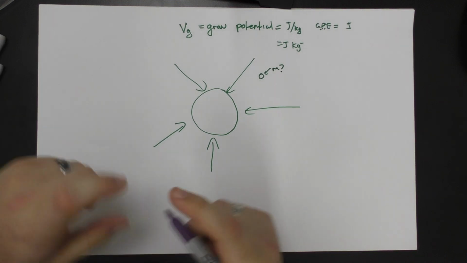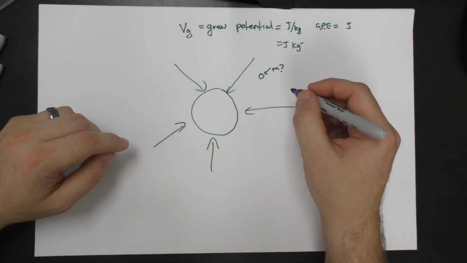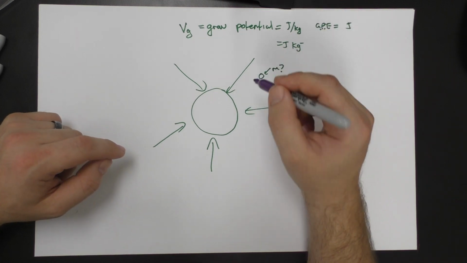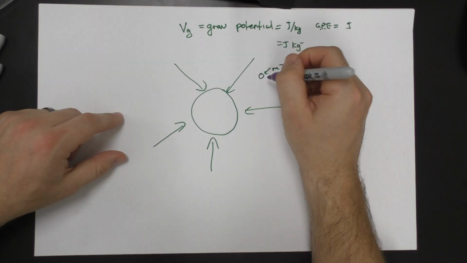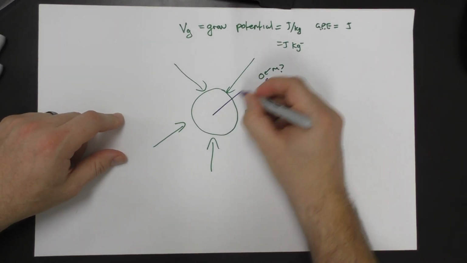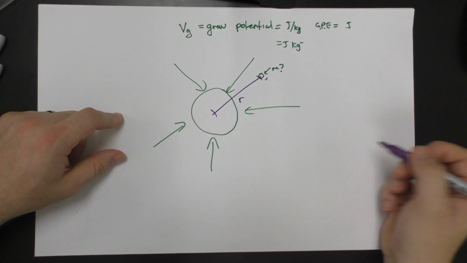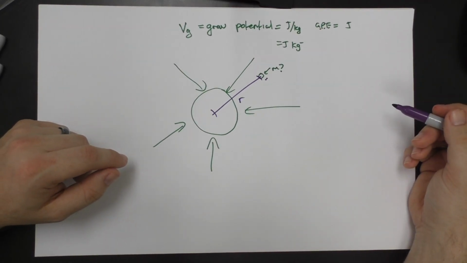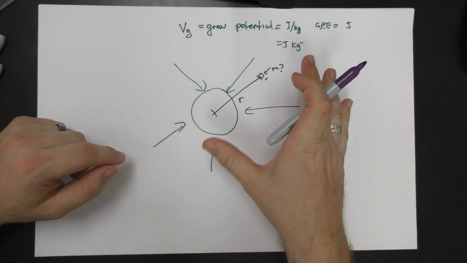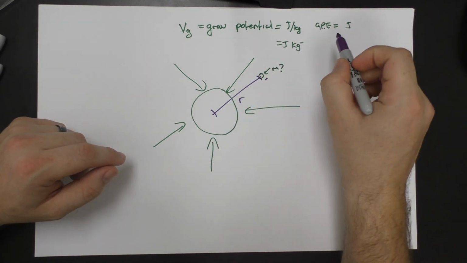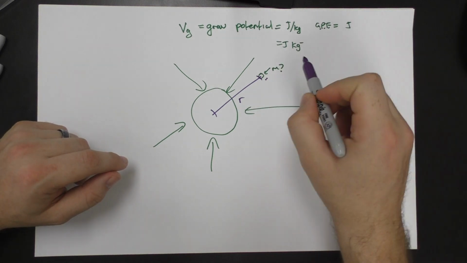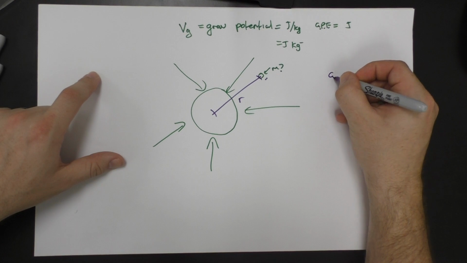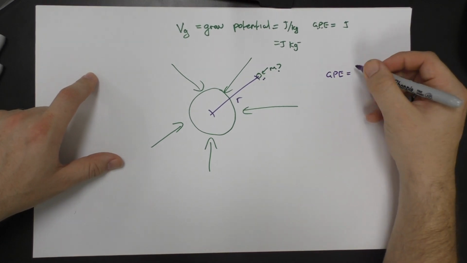Well, if I don't know what that mass is, I could say, well, what would the potential be at that point per kilogram? How much energy is it going to have per kilogram at that point based on that distance there? Well, the equation becomes very simplified once you understand the idea that instead of saying what you've actually got, you're saying what you would have per kilogram.